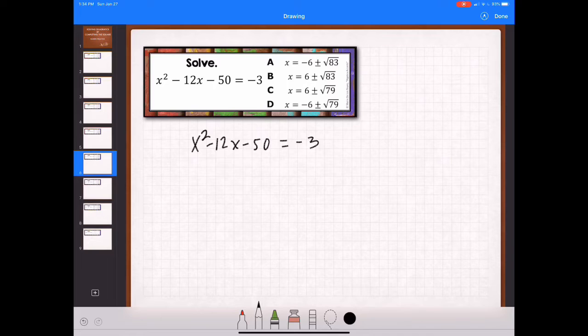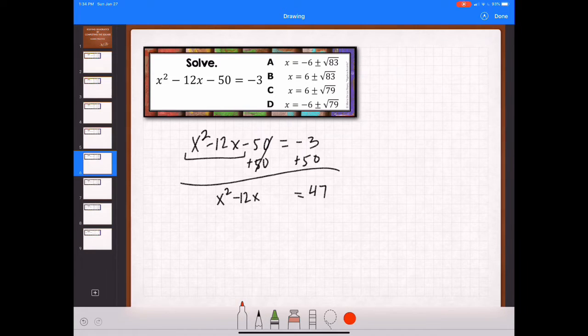Okay, in this example, you have x squared minus 12x minus 50 equals negative 3. Again, you want to make sure that you have just the ax squared plus bx term. So we're going to cancel the 50, move it to the other side of the equation. So you have x squared minus 12x, leave a space, equals 47. Now we're going to complete the square. Negative 12 divided by 2 is negative 6.